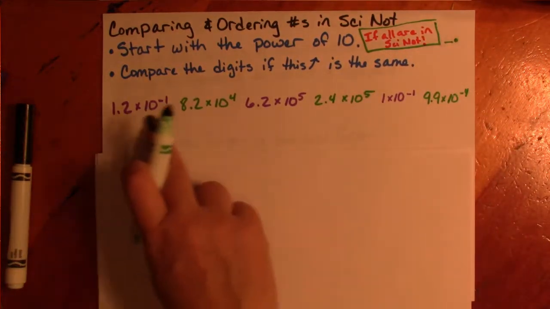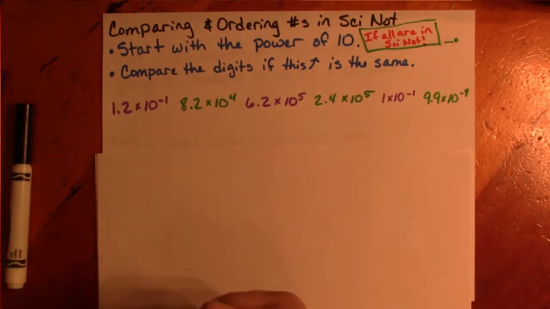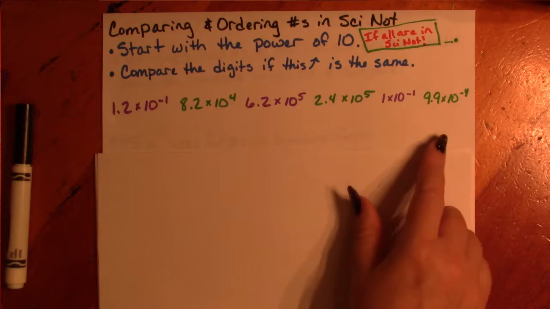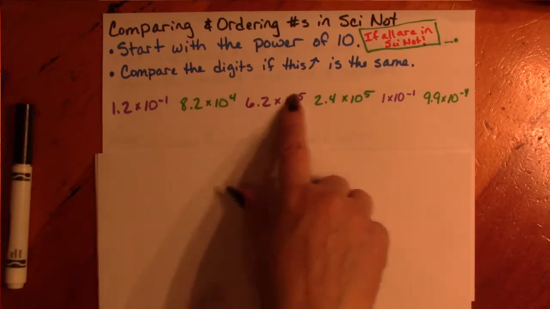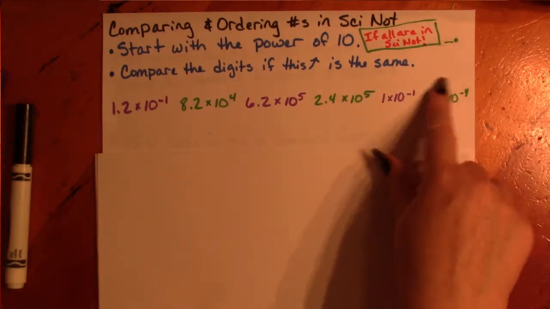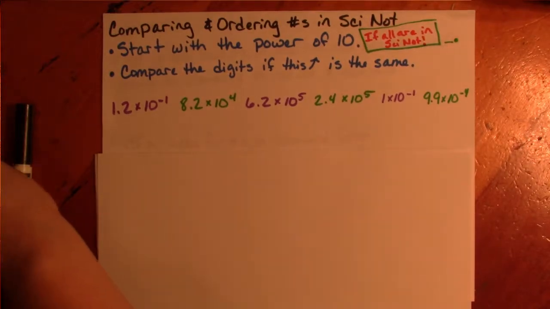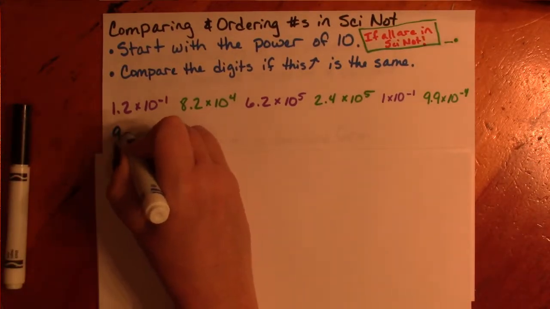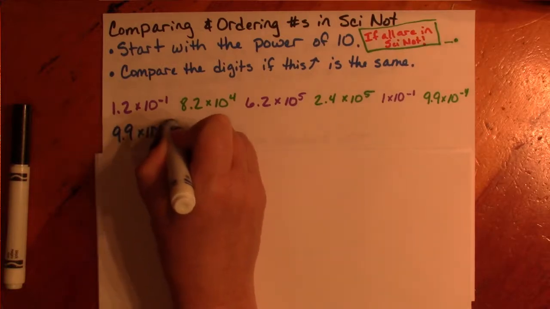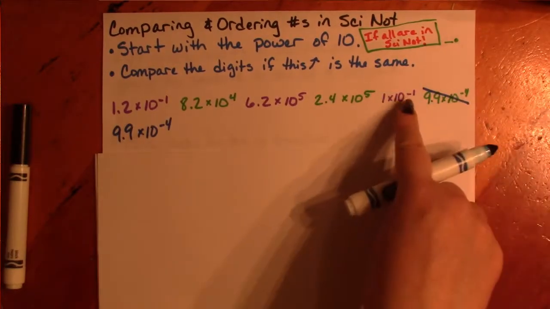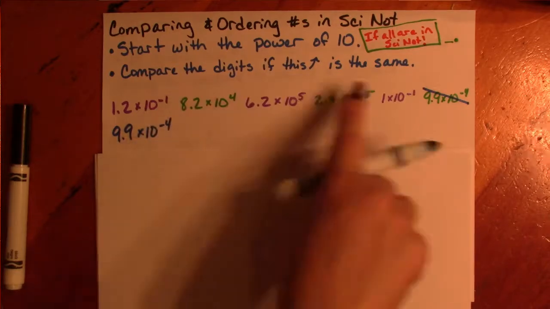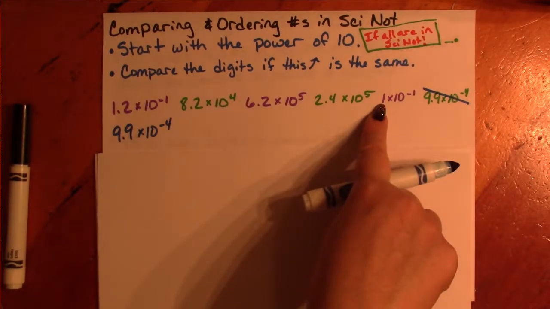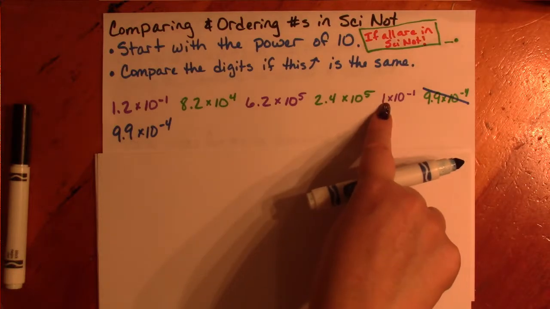Here I've got a whole bunch of scientific notation numbers. We're going to start with the smallest one, and that's going to be this one. So here is our first number. 9.9 times 10 to the negative 4 is the first one. The second one, look, I've got 2 to the negative 1. So now I'm going to compare 1.2 and 1. Which one's smaller? 1 is smaller.